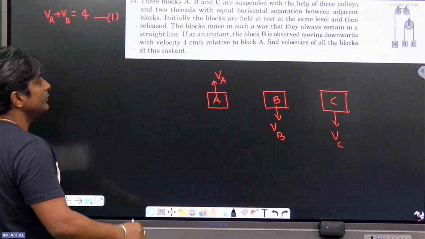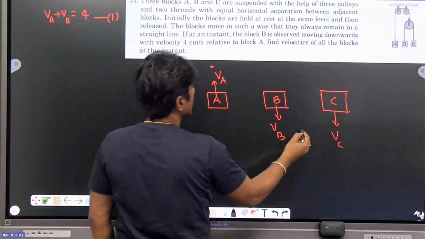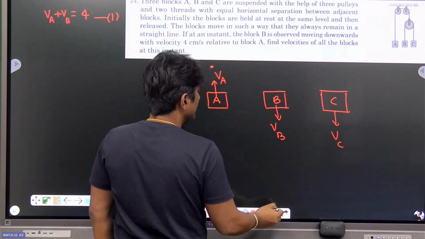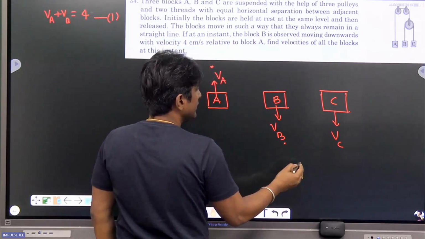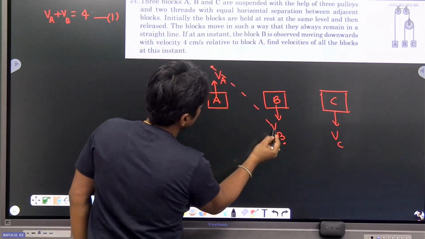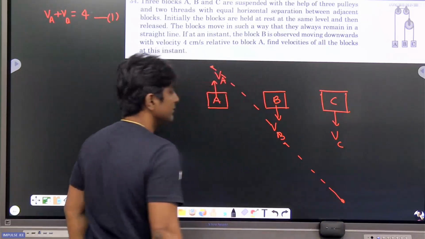What does it mean? Suppose after some instant A goes to here and B comes to here, then definitely C will be here, and all these will lie in the same straight line.